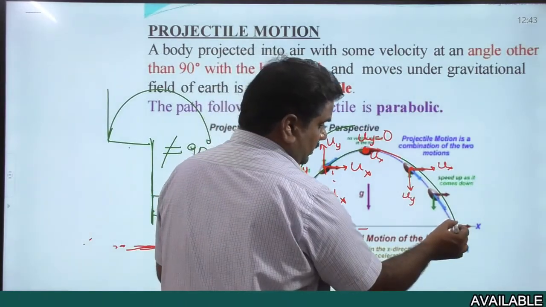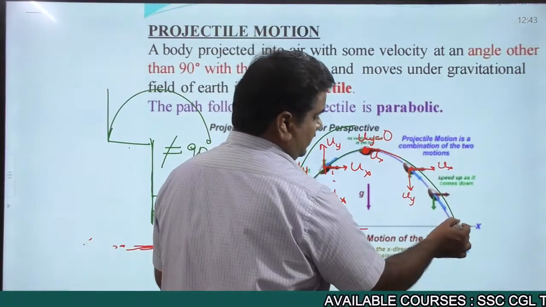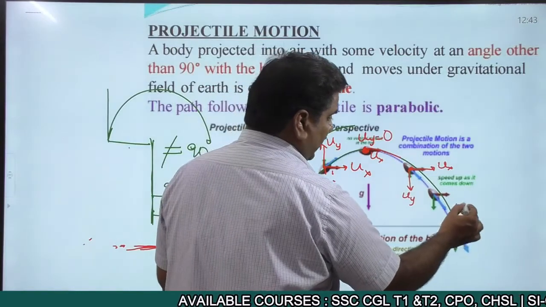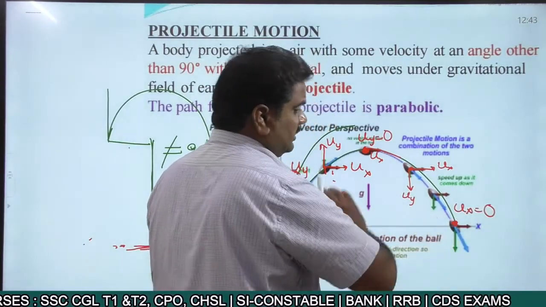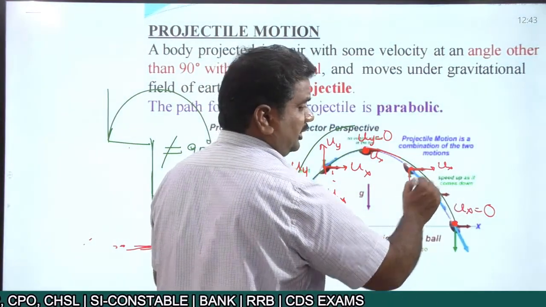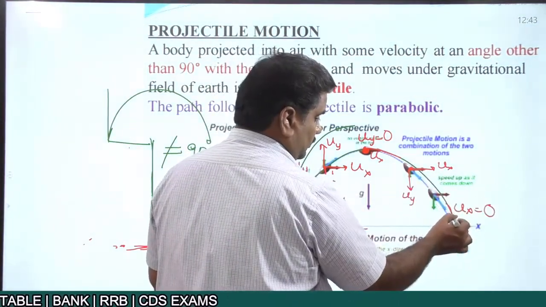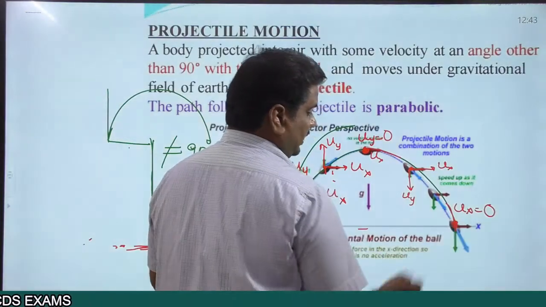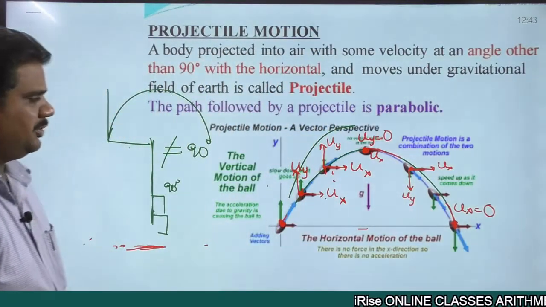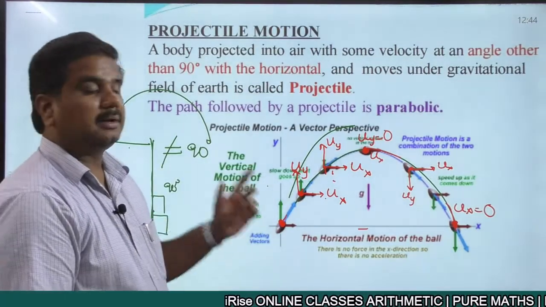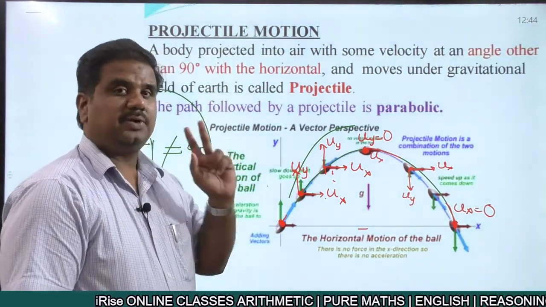Right? And just before it touches the ground, at this particular point, the value of ux, the horizontal velocity, is equal to 0. Right? That is the reason why in that case the object is not moving forward, but it is falling downwards because of gravity at this particular point. So whenever an object is projected at an angle other than 90 degrees, it possesses two different types of velocities.